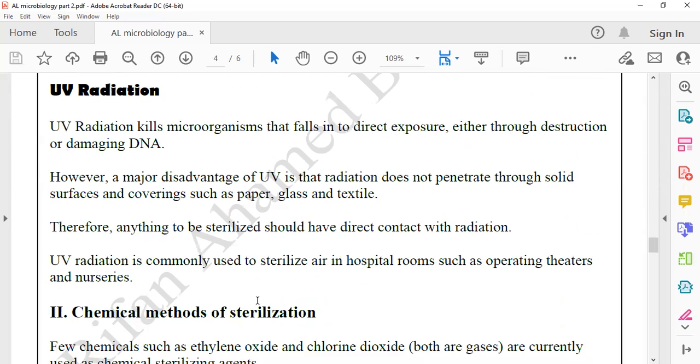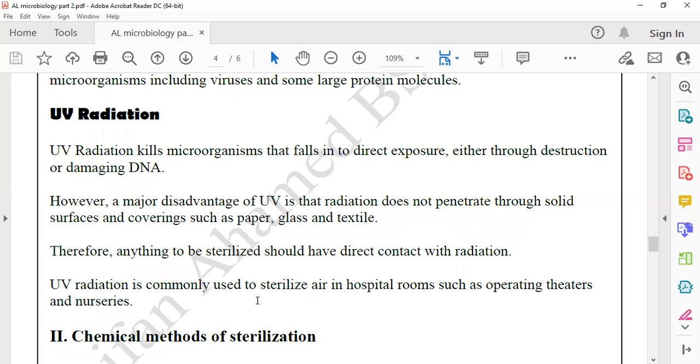Thereafter, we come for the next method, that is radiation. Especially, we apply UV radiation. UV, ultraviolet, can cause denaturation or damage to DNA.